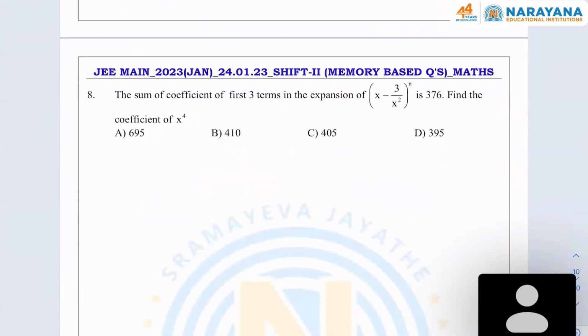The sum of the coefficients of first three terms in the expansion of x minus 3 by x square whole power n is 376. Then find the coefficient of x power 4. So sum of the coefficients of first three terms. So it is equal to NC0 minus NC1 into 3 plus NC2 into 9, 3 square is equal to 376.